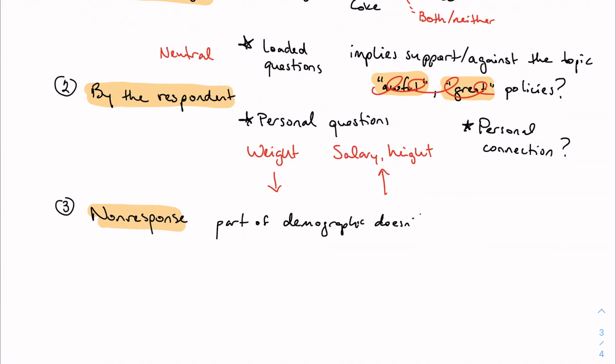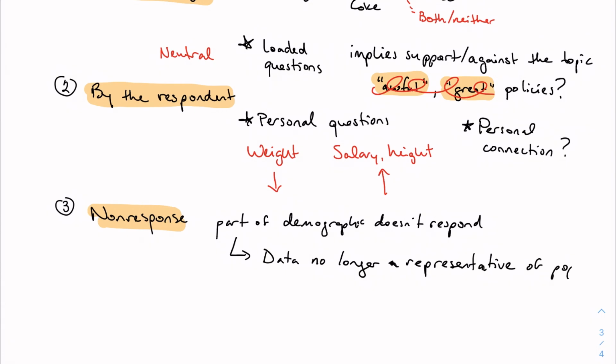Whether they don't respond to the survey or they don't show any reaction to a treatment or some kind of experiment, what this does is the data is no longer representative of the population. Well, this is a problem. Like I said, if I ask the whole student body, 9th, 10th, 11th, and 12th grade, and only ninth grade responds, well, that's no longer representative of my entire population. That's just a really good representation of ninth grade.